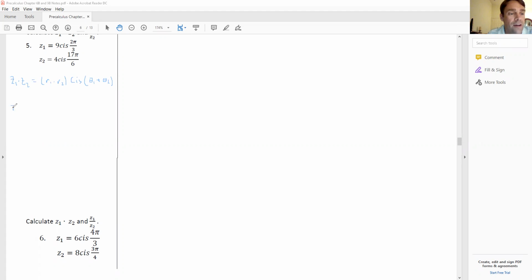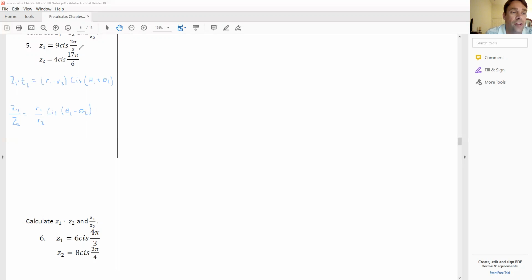When we divide, we're going to divide the R values and subtract the angles. Now, tomorrow, we're actually going to do something really cool. It's called de Moivre's theorem, where we actually take the roots of them and we raise them to powers as well, which is really a pretty cool idea. But today we're just going to do a couple operations and we'll call it a day.